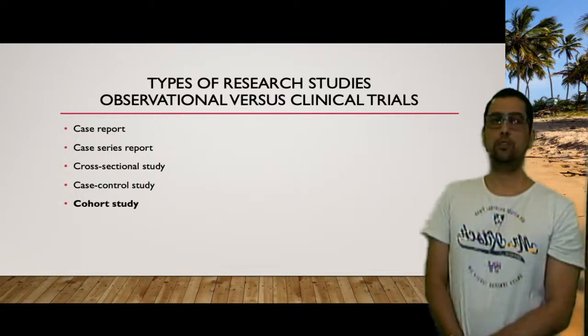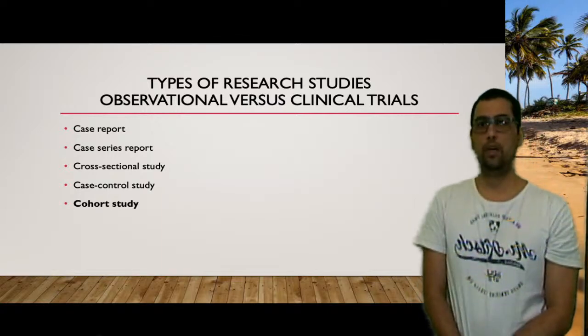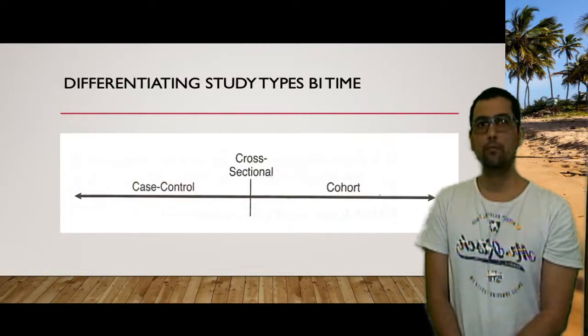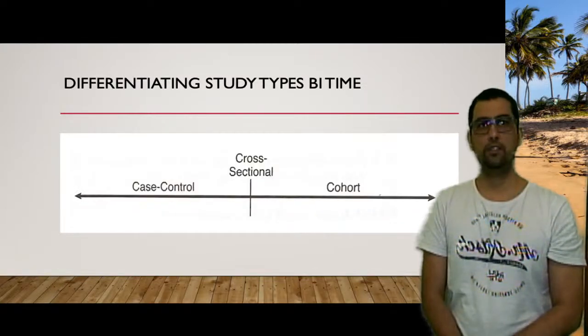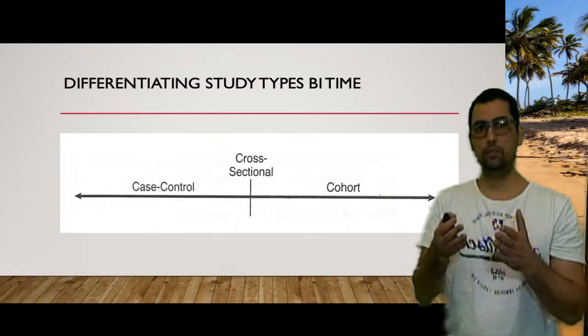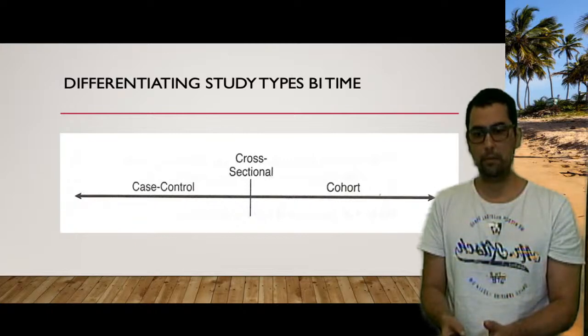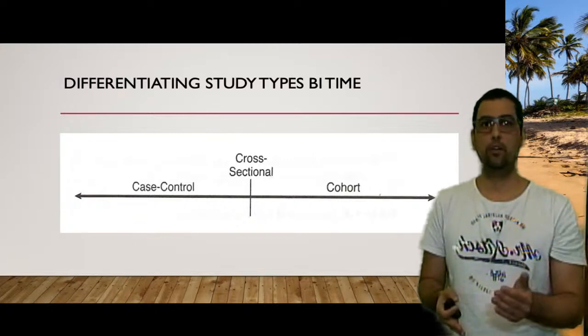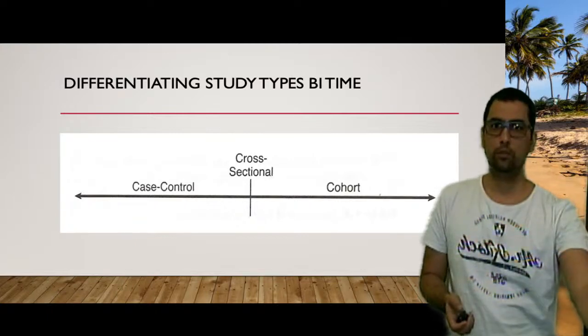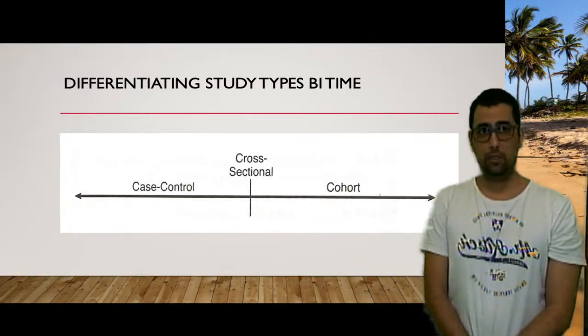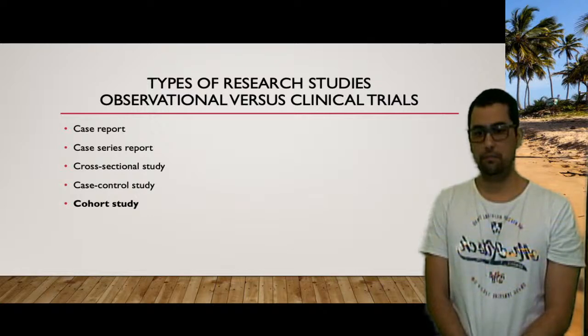The last one is the cohort study. It's a prospective study. To differentiate these: cross-sectional is at a point in time, cohort looks to the future, and case control is a retrospective study.